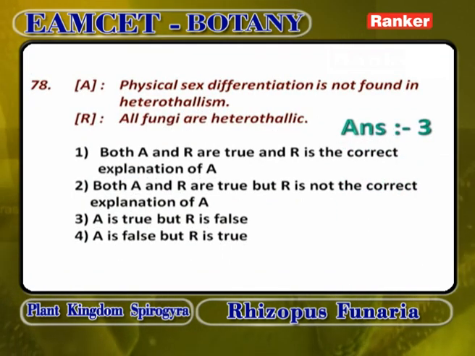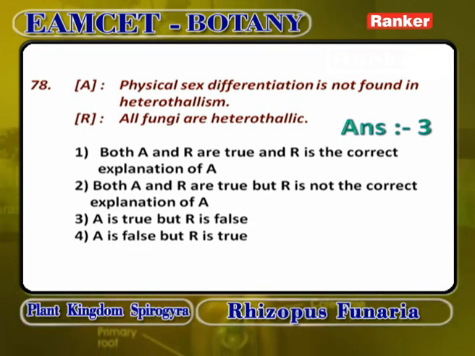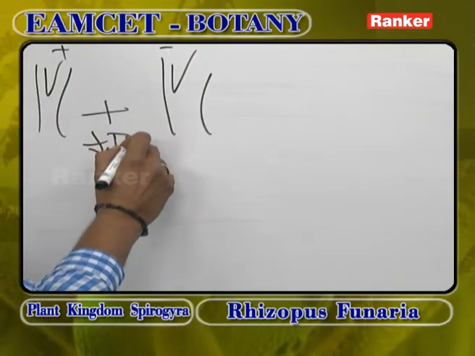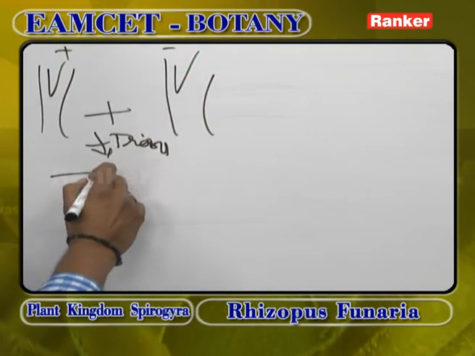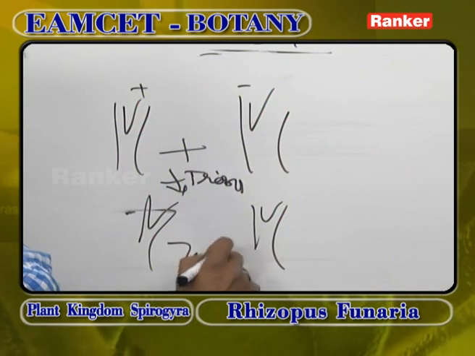Physical sex differentiation is not found in heterothalism. In sexual heterothalism, a plus mycelium and a minus mycelium come close. In the presence of trisporic acid, they convert into zygophores.